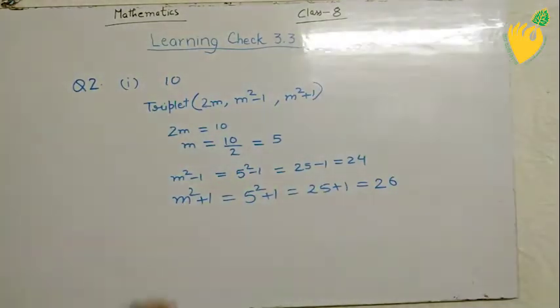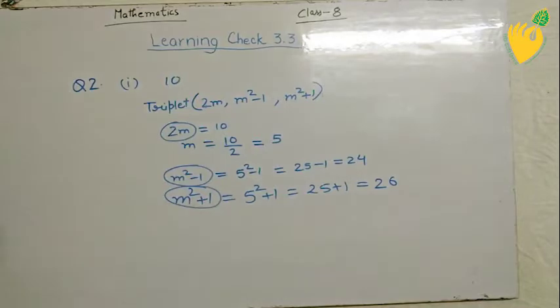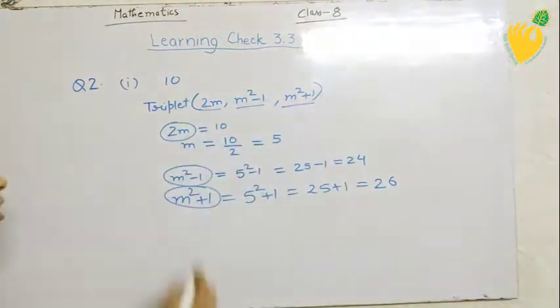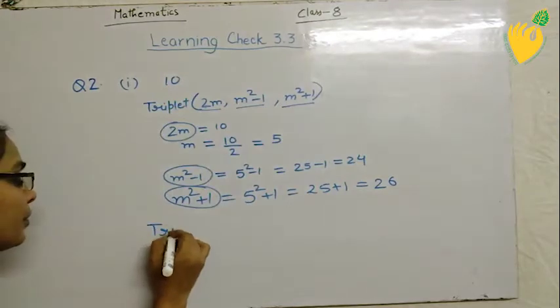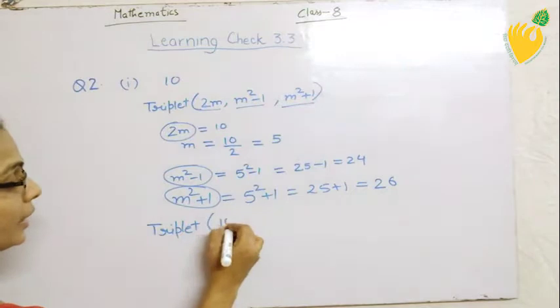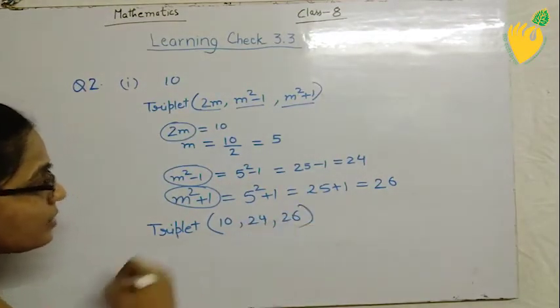So we got 2m, m squared minus 1 and m squared plus 1. So our triplet will be 10, 24 and 26.